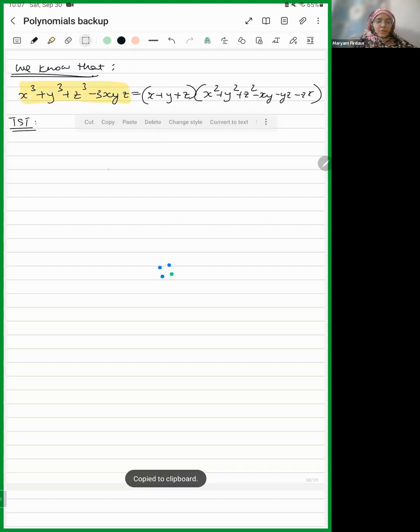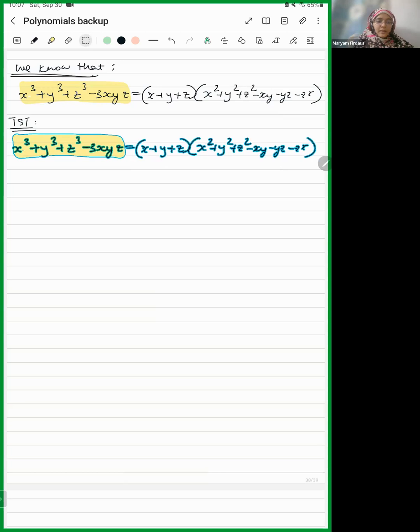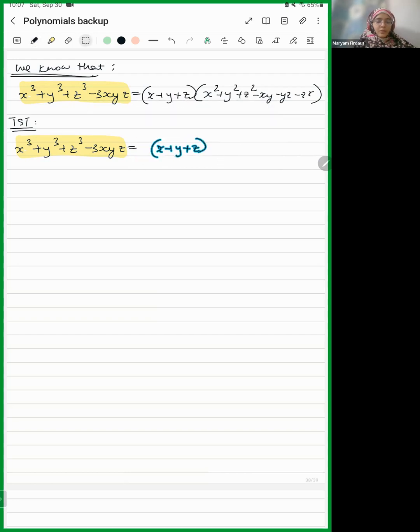This will be different, and this will be over here. We have to show that this is equal to x minus y whole square plus y minus z whole square plus z minus x whole square. This is what we have to show.